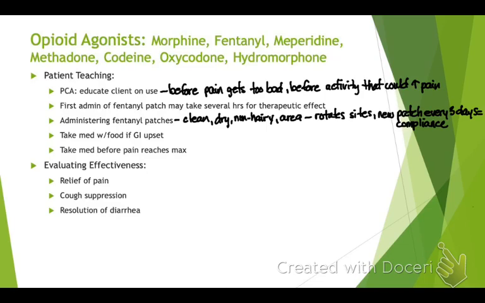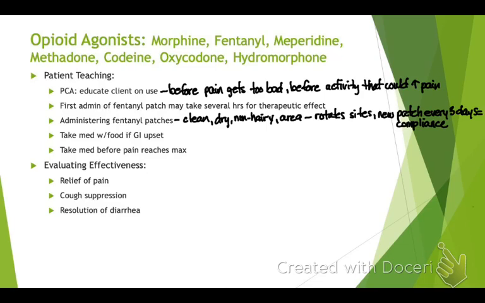Evaluating effectiveness of these opioid agonists, very obviously, you want to know that there is relief of pain. Knowing that the patient is feeling better or having relief from their pain means the medication is being effective. If they're taking it for cough suppression, and their cough is being suppressed for most of the time they are taking the medication, it is proving that it is effective.